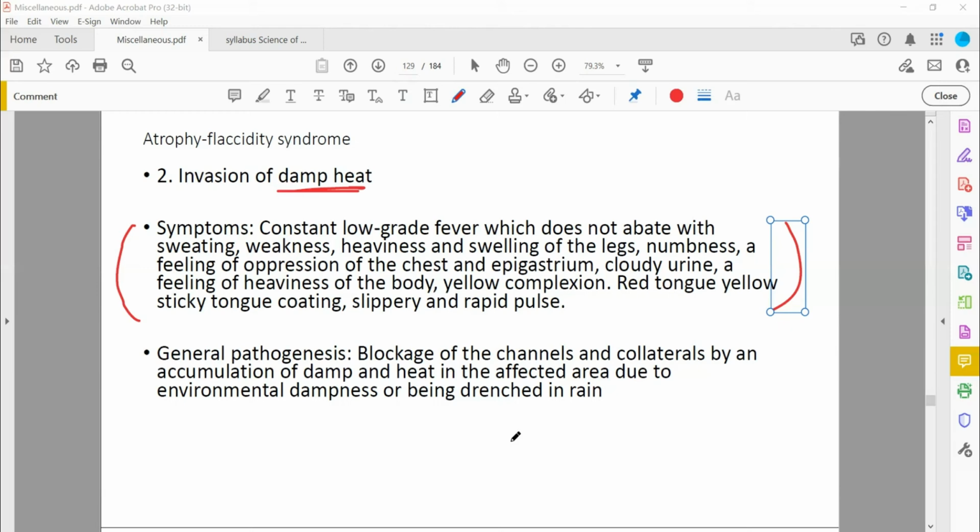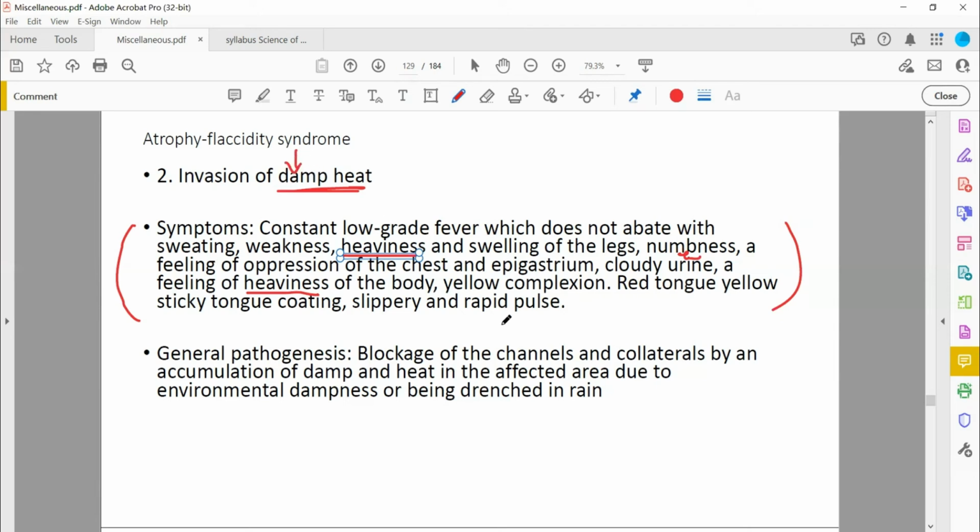Dampness blocks the conductor. Okay, so let's start. What are the key points? Heaviness, right? And here there's leg numbness. From the heaviness, what syndrome will you think about? Yes, dampness.